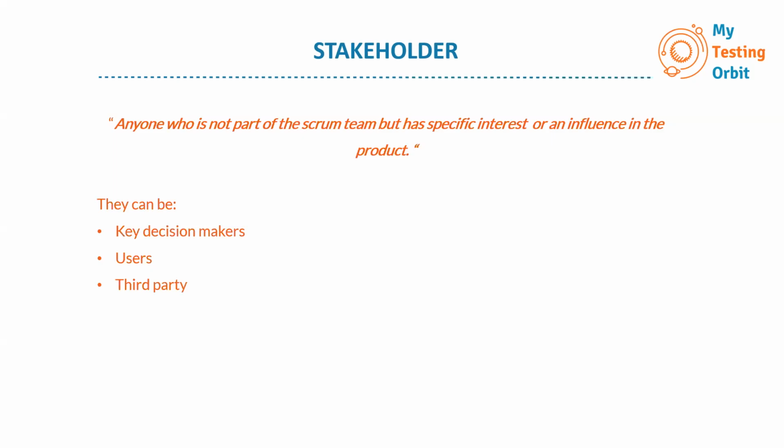Stakeholders can also be a third party. So in case we are developing a product for another organization who is the third party, and we have to deliver it to them, then of course in that case, the stakeholders will be any representative from that third party. Or project sponsors.